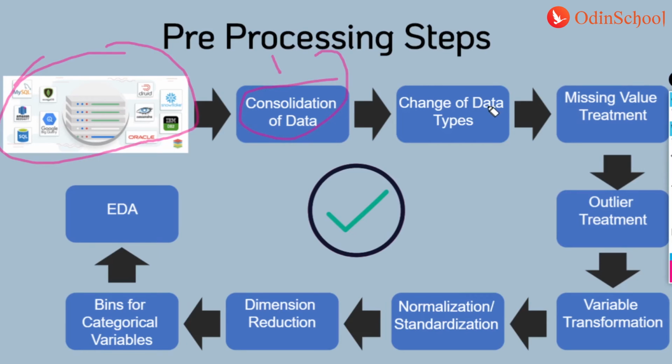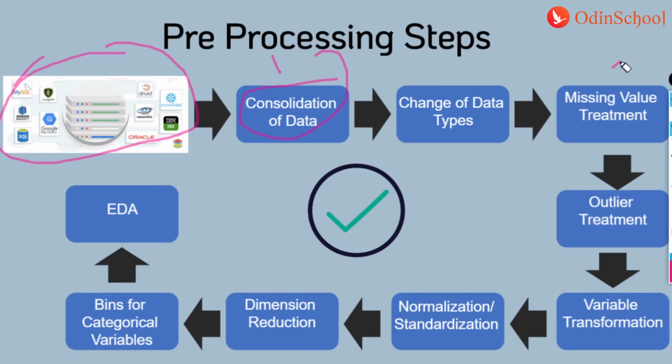Next, you change the data types. For example, as I showed you, where date of birth is coming as a numeric, it should be changed into a string or a date type format, so that you do not do manual calculations with it.